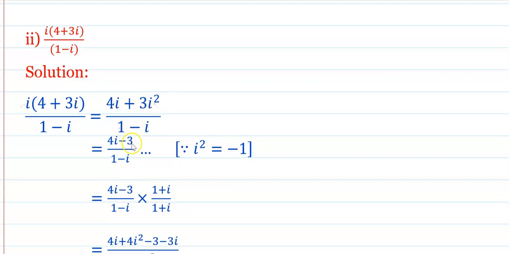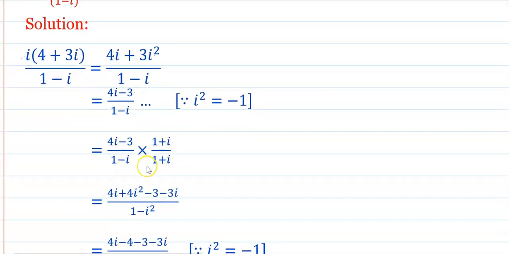Minus 1 into 3, overall you are getting minus 3, and hence the number is 4i minus 3 upon 1 minus i. So to evaluate, multiply this number with the conjugate of the denominator. Denominatorच्या conjugate ने n and d ला multiplied करणार. Its conjugate is 1 plus i. Then multiply with the numerator as well as the denominator.